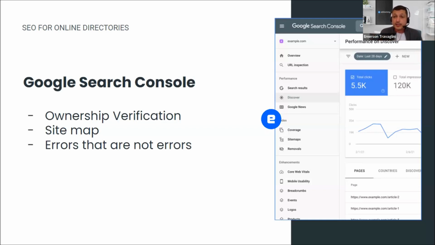And why is that? Because listings may expire, events will expire at some point. So this page will no longer exist on your website. That's natural for online directories. So once this page gets indexed, Google will believe that this page will exist forever. But that's not how it works for online directories.